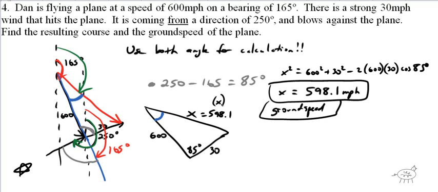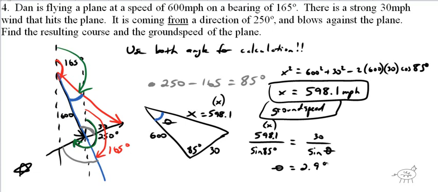So if I use my law of sines, I get 598.1 over sine of 85, again this is our stored value x, and that equals 30 over sine of, we'll call this theta. So I cross multiply and take the inverse sine, which you guys already know how to do. Theta comes out to be 2.9 degrees.